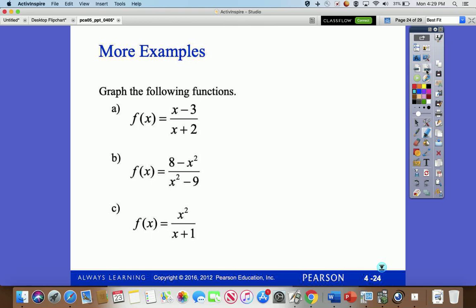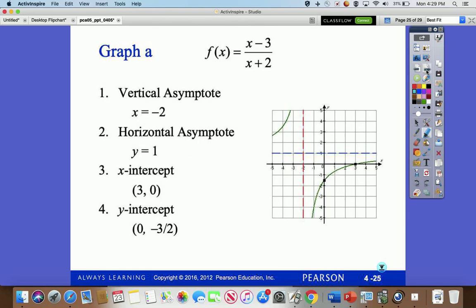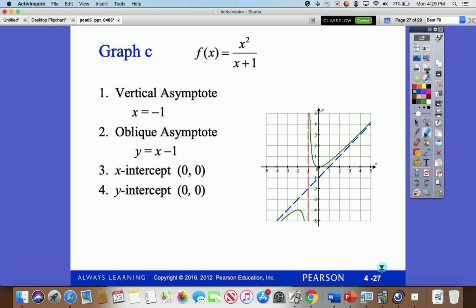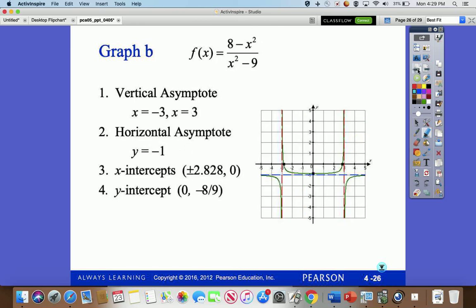All right, here's some more that you can look through on your own. This video is getting kind of long, so you can look through these examples on your own. I do want to show you this one. The x-intercepts, it says that you have plus or minus 2.828. How do you get x-intercepts? You set this equal to 0. So 8 minus x squared equals 0.